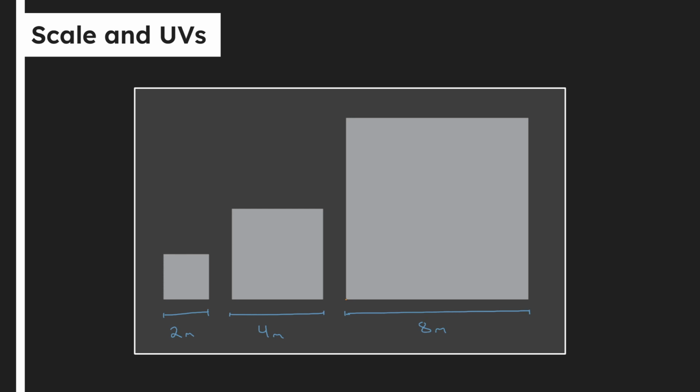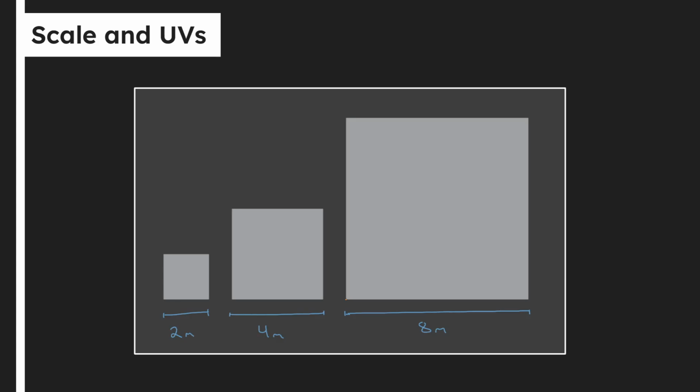Actually, I guess we can kind of talk about it right now. So when we have our UVs and our objects, the scale is relative to everything else. If I have an object that's 2 meters, an object that's 4 meters, an object that's 8 meters, the 0 to 1 UV space is still identical. Imagine that each one of these squares is just unwrapped flat to the UV space, 0 to 1. That's great.